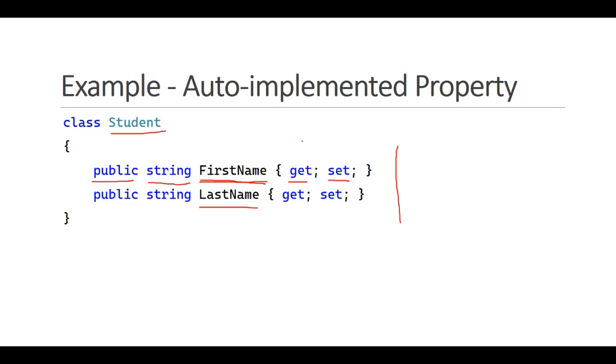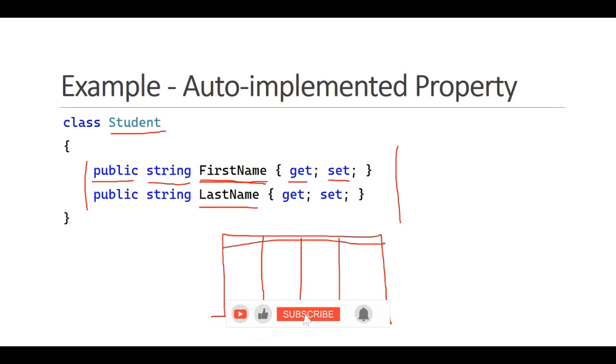It is also important that using auto-implemented properties will help us when we work with a database and create tables. The database will hold tables like this, for example, where each row is a record of data.